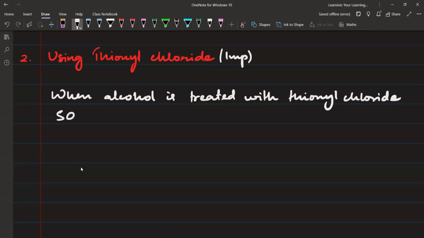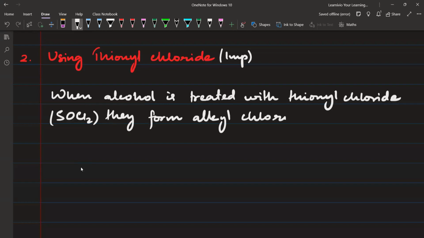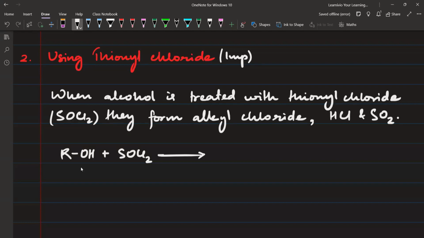It is SOCl2. They form alkyl chloride, HCl, and SO2. So when you have alcohol, that is ROH, if you react this with SOCl2, you will get RCl plus HCl plus SO2.